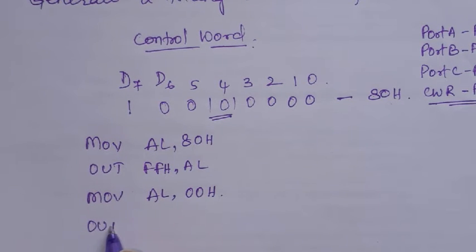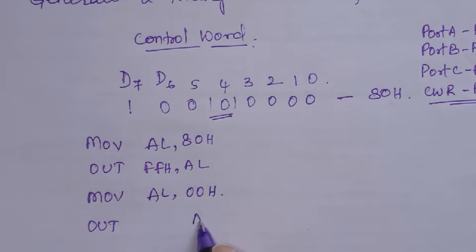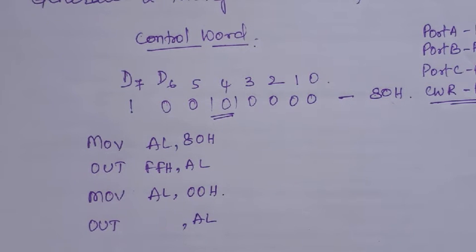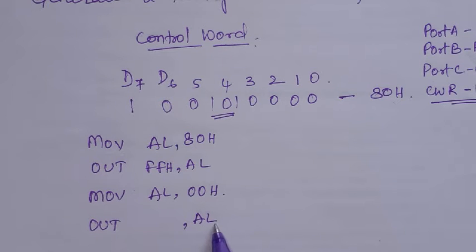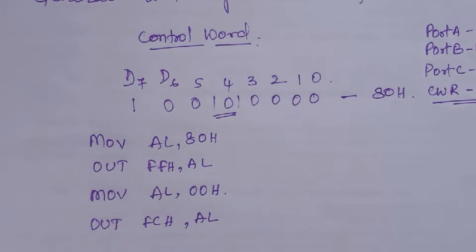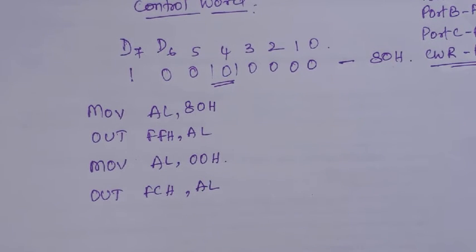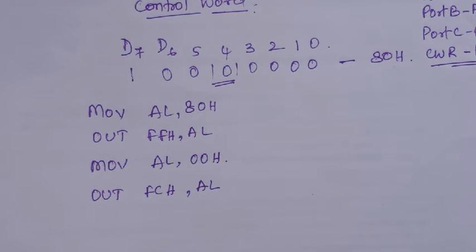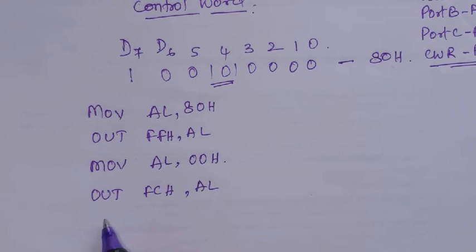Now send this 00H to port A. That means you are giving this 00 input to DAC, digital to analog converter. Okay, so port A address is FCH. Now this 00 will be converted to its analog equivalent, that is 0 volts at the output. Now increment this. Okay, out this.